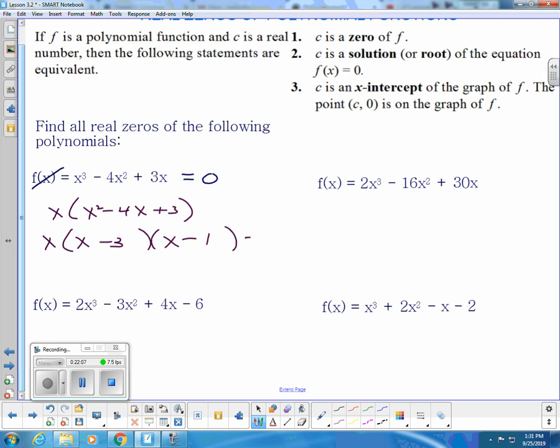So we're going to set each of these factors equal to 0. So when I set x equal to 0, I get 0. When I set x minus 3 equal to 0, I get 3. And when I set x minus 1 equal to 0, I get 1. Those are our solutions, our roots, our x-intercepts. All right? You guys try the second one there.